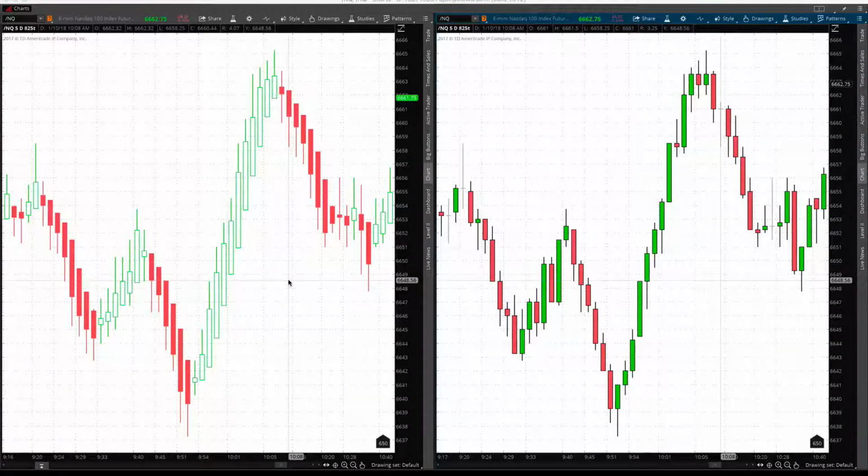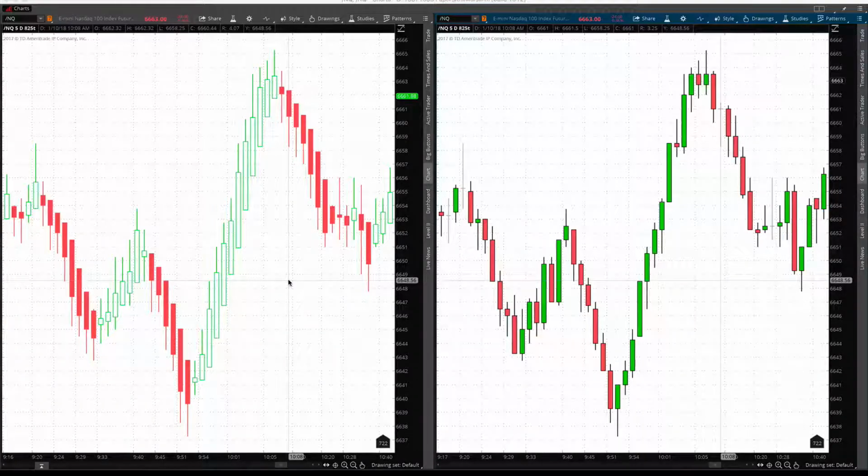Now, as great as they are, you don't want to trade directly off of them. There are drawbacks, and because of this, they make a great supplemental chart. You'd want to have this up next to a candlestick chart that you're actually trading off of.